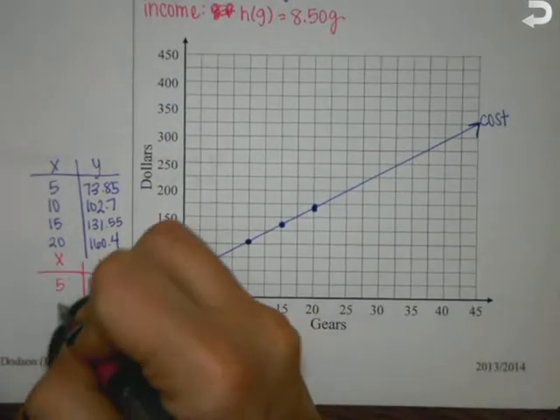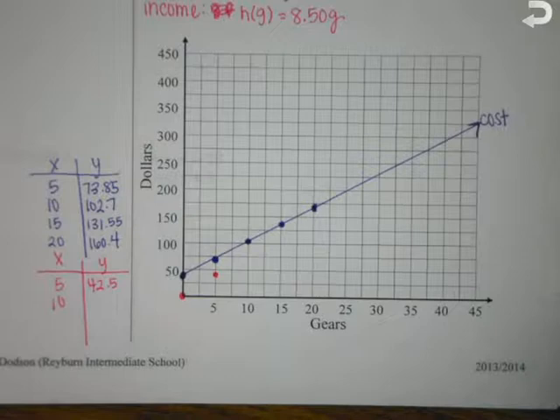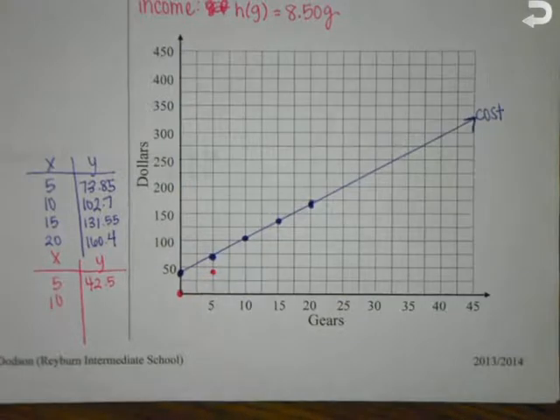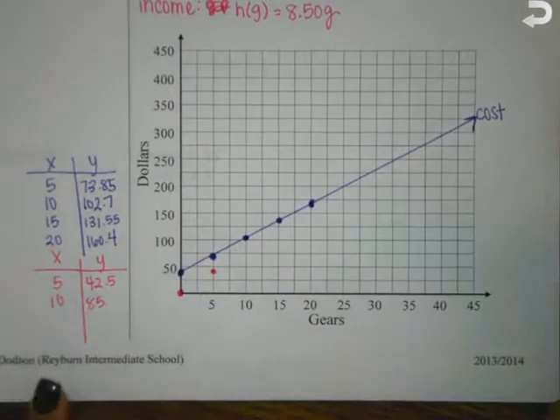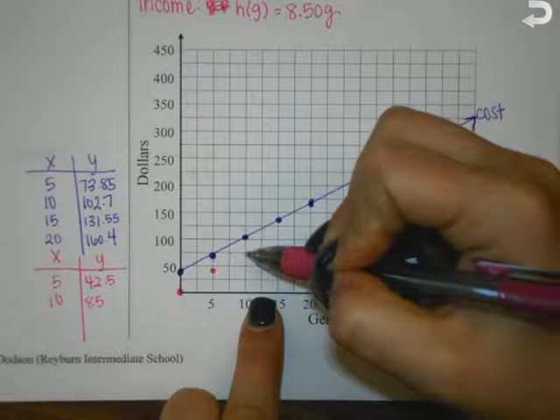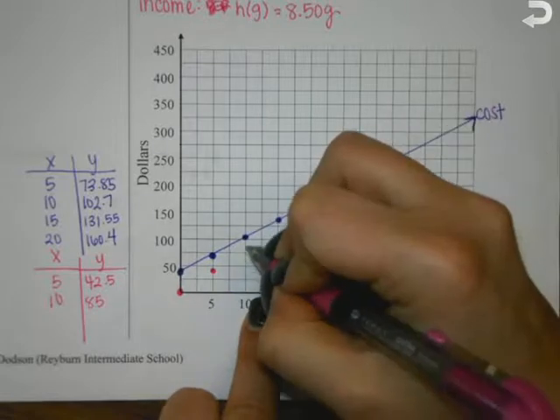When we sell 10 gears, how much do we make? 8.50 times 10, what's that give me? 85. We make $85. So when we sell 10 gears, we make 85. So here's 75 and 100. So 85 would be somewhere right here.